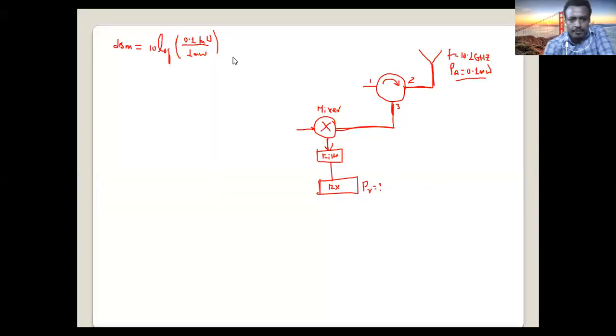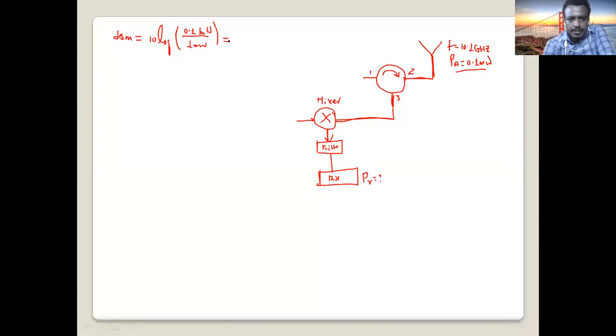Let's see this on our calculator. It is minus 10, right? So minus 10 dBm. That is the power here: minus 10 dBm.